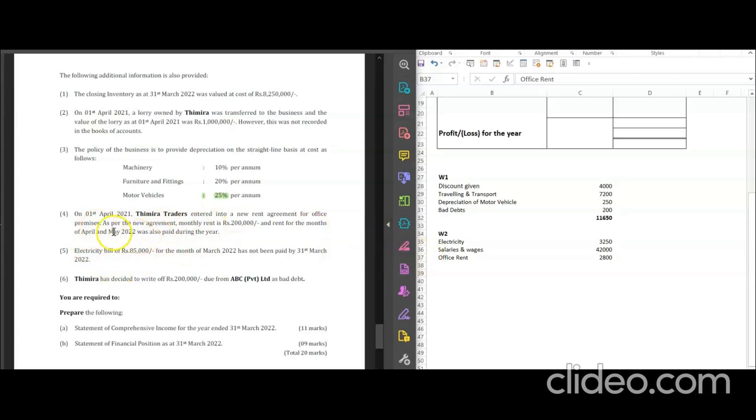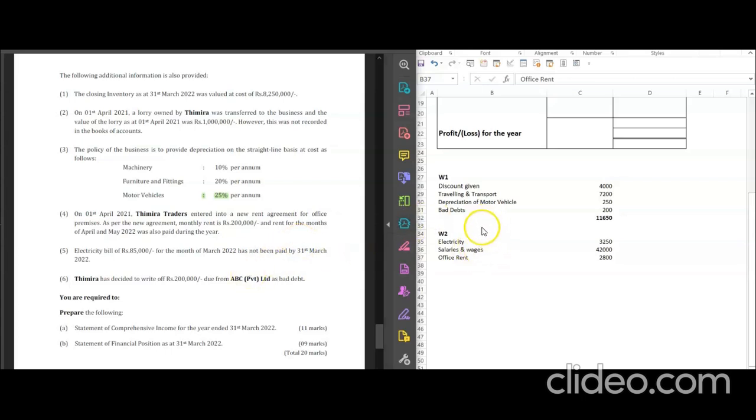Let's see electricity. Is there anything about electricity? Yes, electricity bill of 85,000 for the month of March 2022 has not been paid by 31st March 2022. So they have not paid, right? So what do we have to do with that?